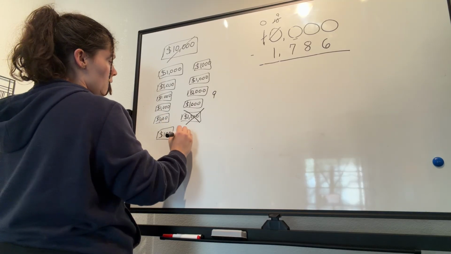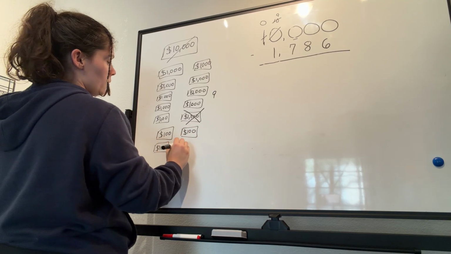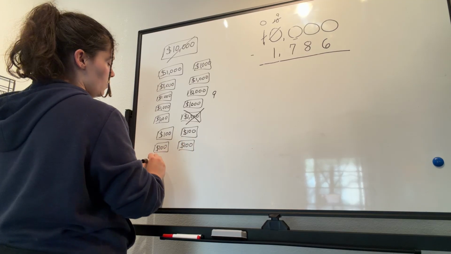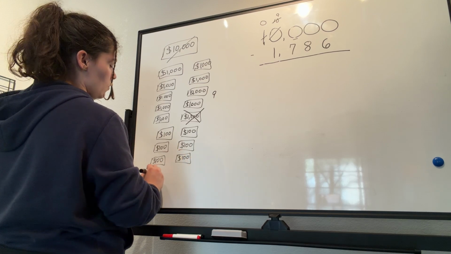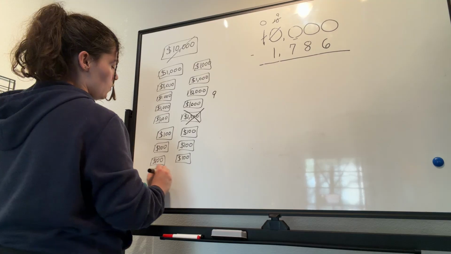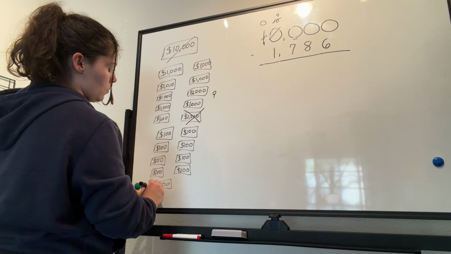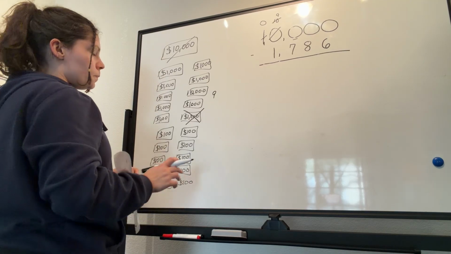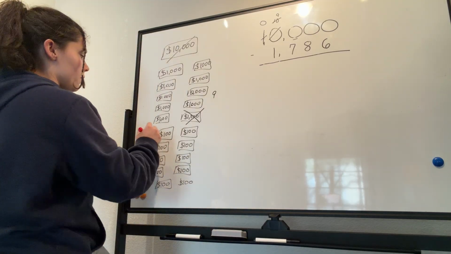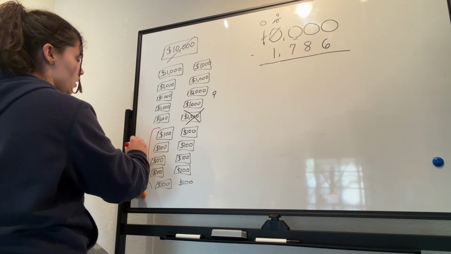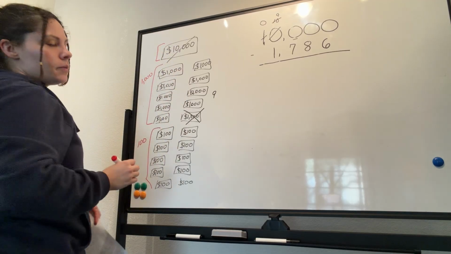So now we have 10 $100 bills. I'm going to section this off so it's not super confusing. This is the $100 bills, this is the $1,000 bills, and this was our $10,000.